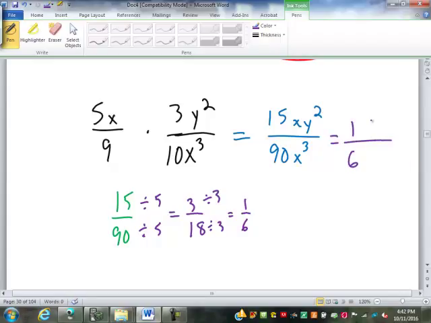Where does x go? Bottom, because the bigger power is on bottom. What power is it going to have? 2. Good. This is x to the 1, so 3 minus 1 is 2. Where's y going to go? Top, and this is y to the 2. There's nothing to cancel with it. So 1y squared over 6x squared, or you could get rid of the 1 and just have y squared over 6x squared works too.